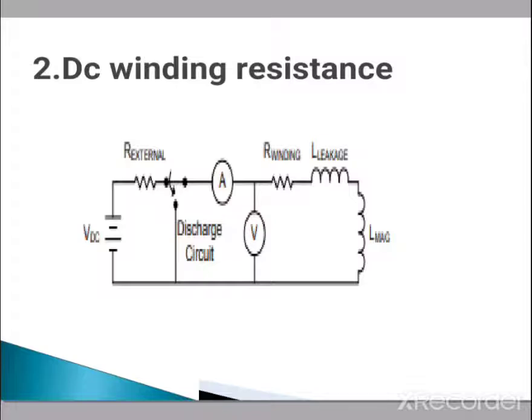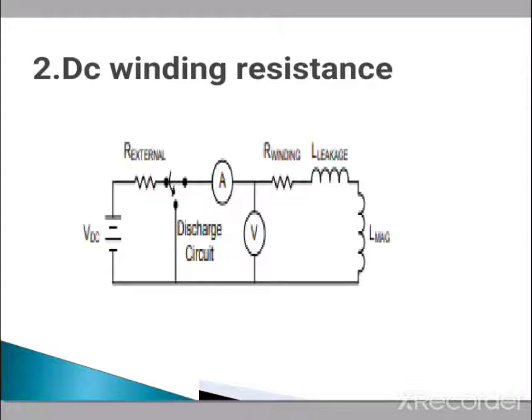We know that the formula of resistance is equal to voltage divided by current, which is then compared amongst the three windings and with the original data measured at the factory. Agreement within 5% is considered a satisfactory result.